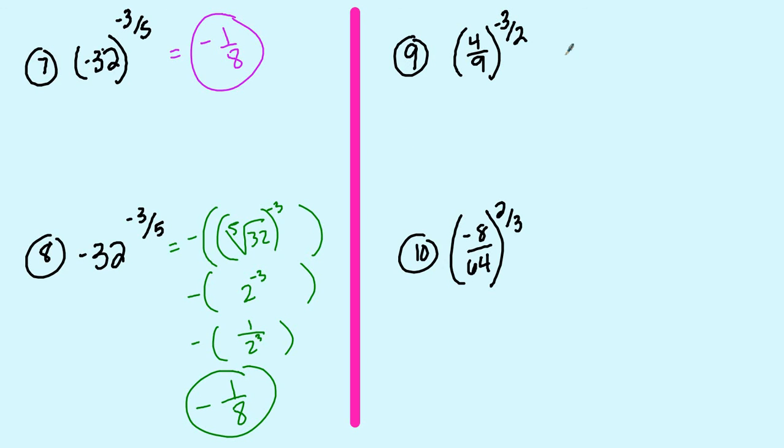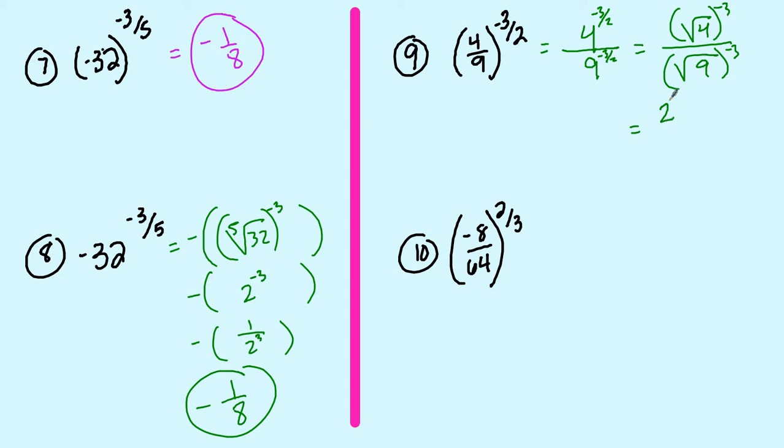All right. Let's see. Number 9. We can rewrite it as 4 to the negative 3 halves over 9 to the negative 3 halves. That might be easier. Okay. So we can take the square root of 4, raise it to the negative 3, square root of 9, raise it to the negative 3.